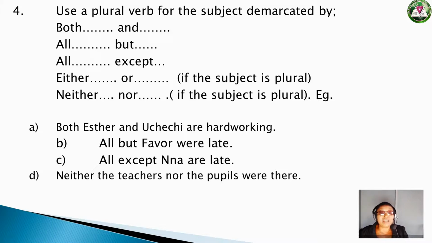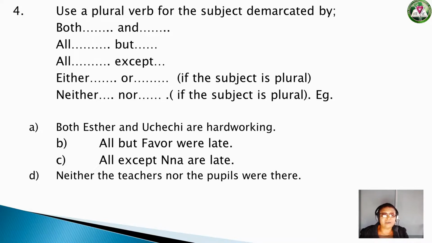B. Both Esther and Uchechi are hardworking. You can see both there and there. Another example. All but Favour are late.